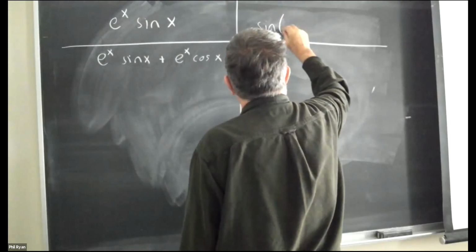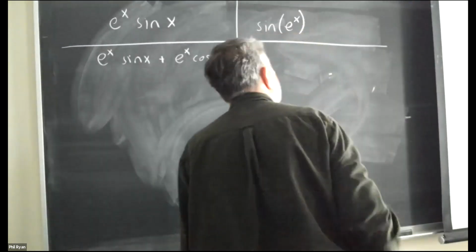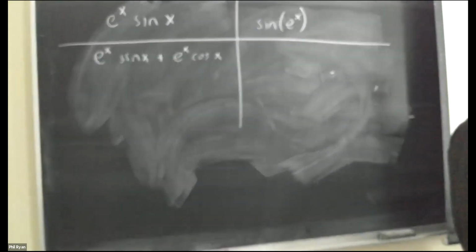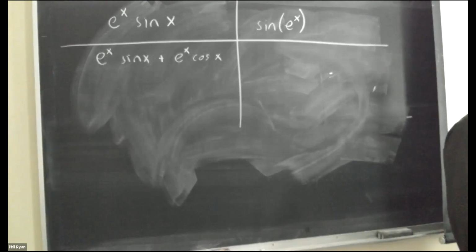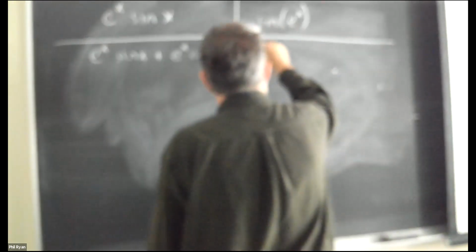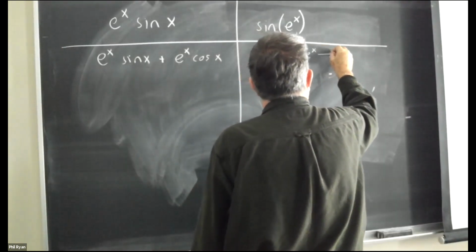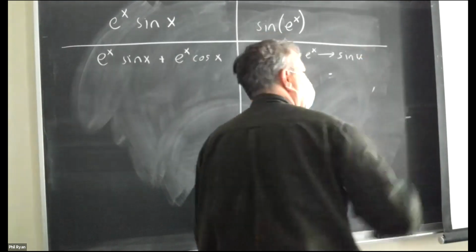How about sine of e to the x? How is this function put together? Chain rule, exactly. So it's x going to e to the x going to sine u.